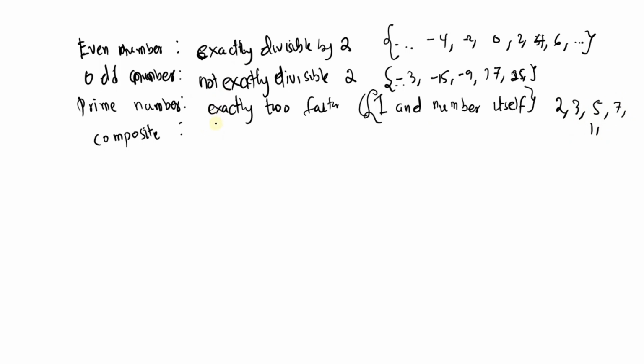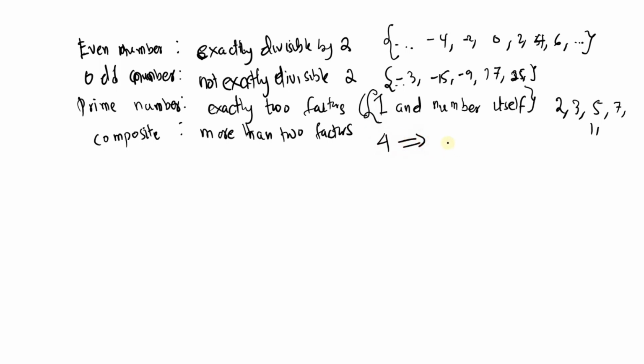Then we have composite numbers. A composite number is a number that has more than 2 factors. An example of a composite number is 4.